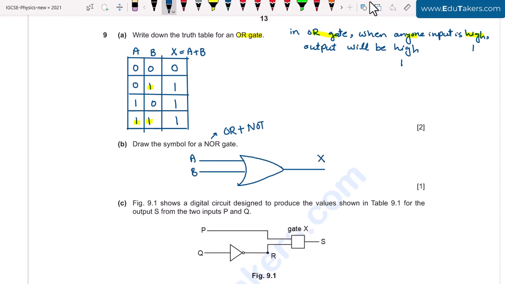But in the question we have to draw the NOR gate. That's why we also have to apply the NOT gate over the OR gate. I just place a bubble sign here to represent the NOT gate. So I redraw this line.